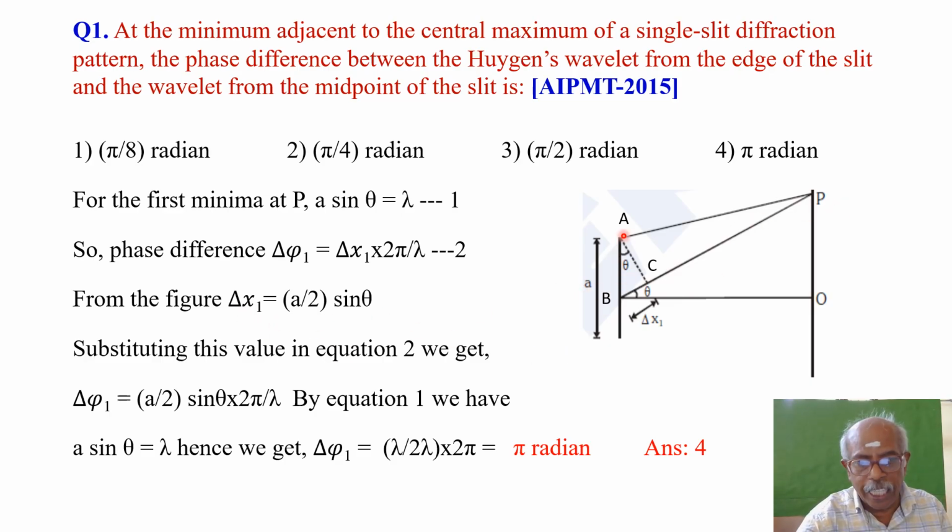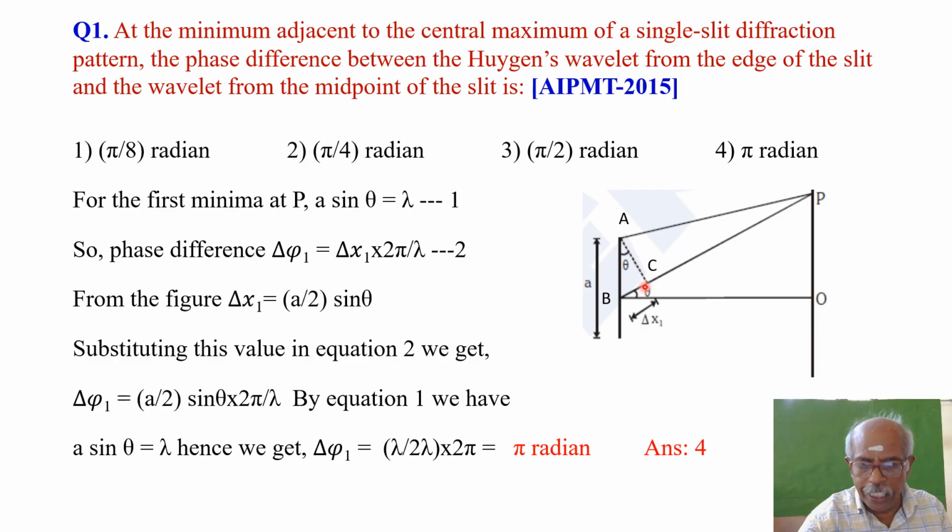So look at this figure. Angle ABO is 90 degree, is it not? Angle ABO is 90 degree. PBO is equal to theta. Then what is angle ABC? Angle ABC is 90 minus theta, is it not? What is ACB? Exactly 90. This is the normal line.